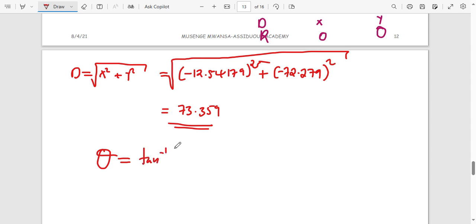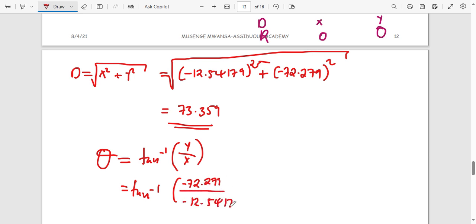Tan inverse, good. So the y component over the x component. So that will be tan inverse. The y component is negative 72.279. The x component is negative 12.54179.